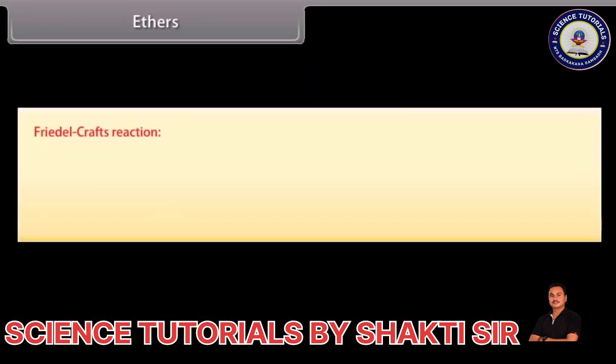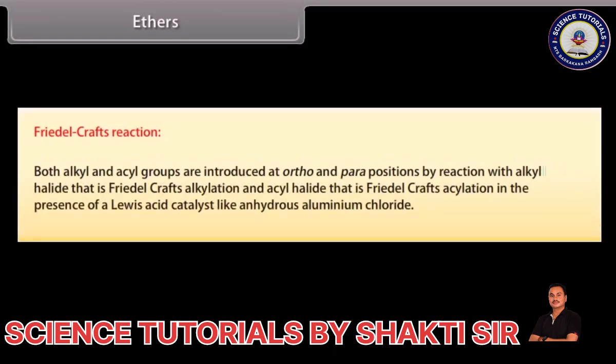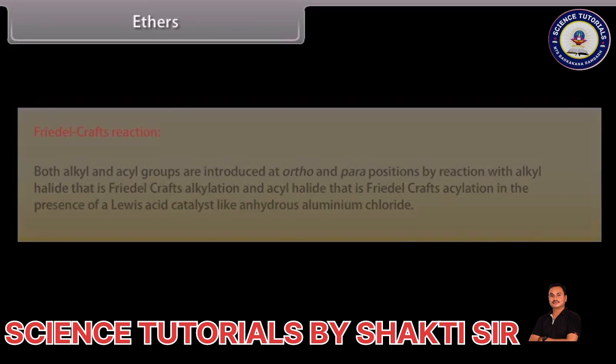Friedel-Crafts reaction. Both alkyl and acyl groups are introduced at ortho and para positions by reaction with alkyl halide, that is Friedel-Crafts alkylation, and acyl halide, that is Friedel-Crafts acylation, in the presence of a Lewis acid catalyst like anhydrous aluminium chloride.